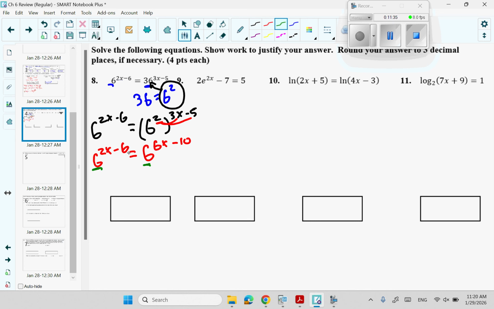Same base number, so my exponents have to be equal. And there I can just solve traditionally, so minus 2x, add 10, we get 4 equals 4x, divide by 4, x equals 1.